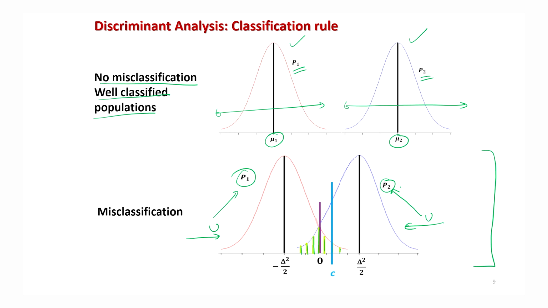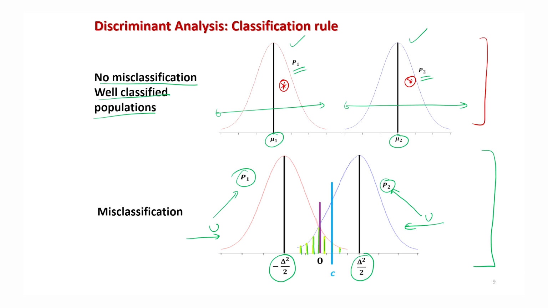Now, U under P1 has a mean of minus delta square by 2 and U under P2 has a mean of delta square by 2. If an observation falls here, I will say this belongs to P1, there is no issue. If the observation falls here in P2, then I will say that it belongs to P2.